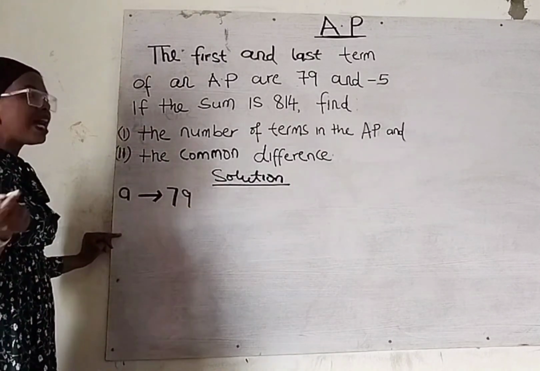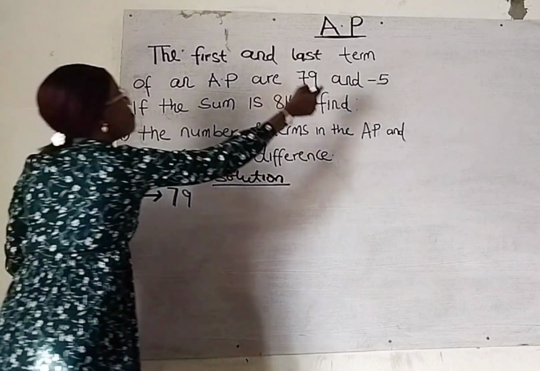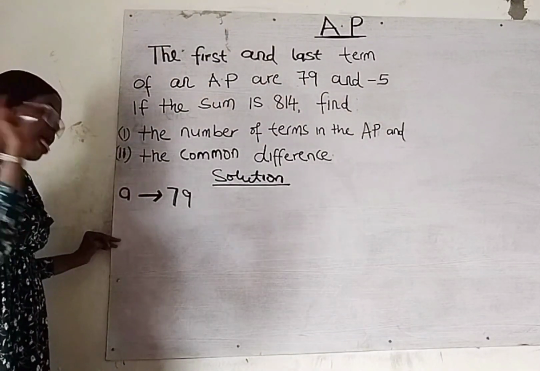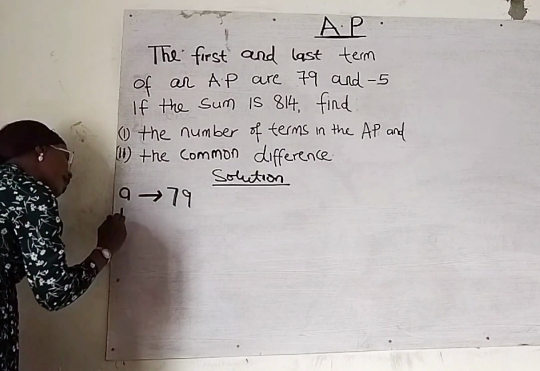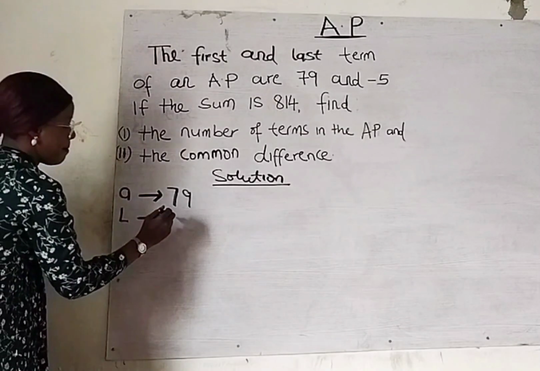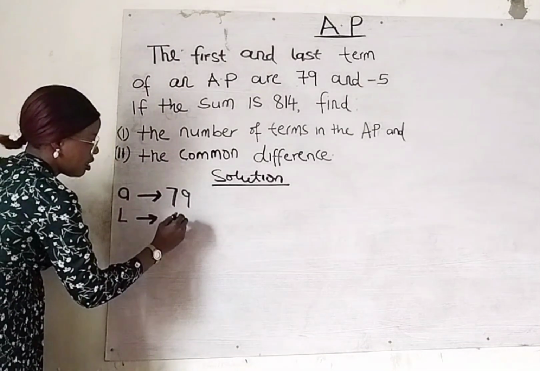And the last term, according to the question, is minus 5. The last term in AP is represented by L. So I write L is minus 5.